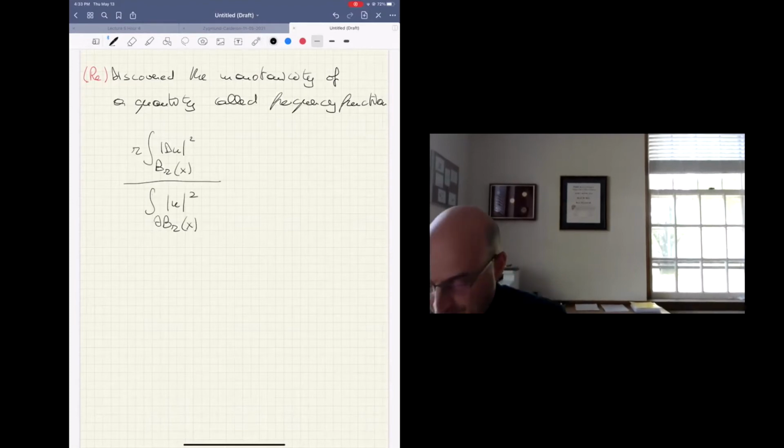This quantity reads like this: it's the integral of the Dirichlet energy on a ball of radius r centered at x, divided by the integral over the sphere of modulus of u squared. For a harmonic function, this quantity is monotone increasing.